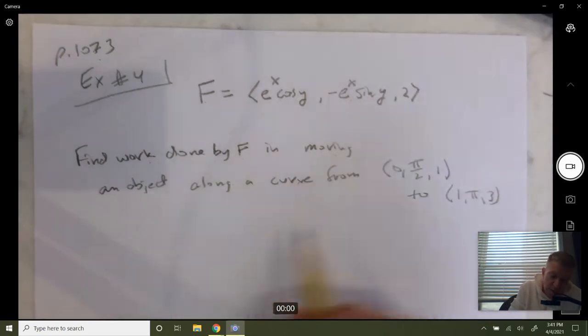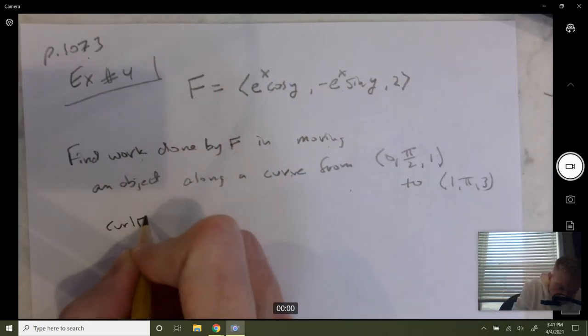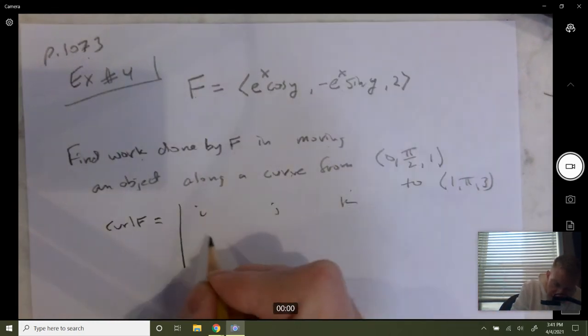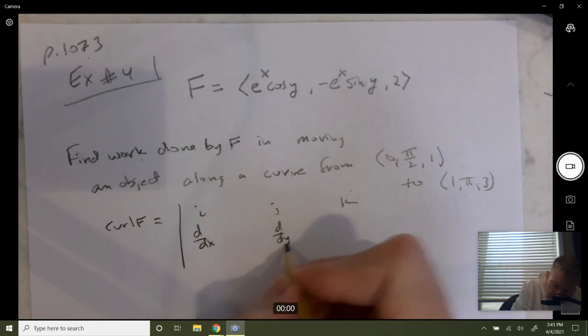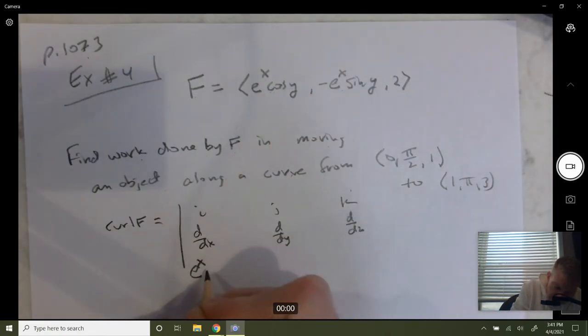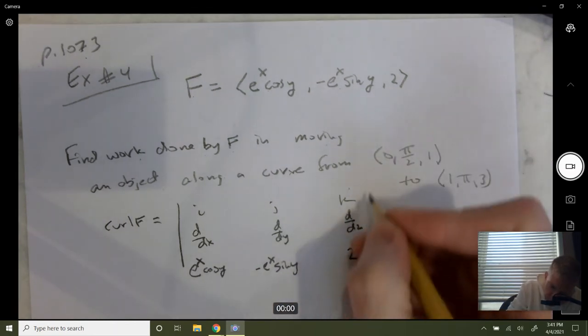Okay, so this one, first of all, we have to test if this is conservative. So we have to find the curl of F. I've got i, j, k, the d/dx, the d/dy, and the d/dz. And then I've got e to the x cosine y, negative e to the x sine y, and 2.